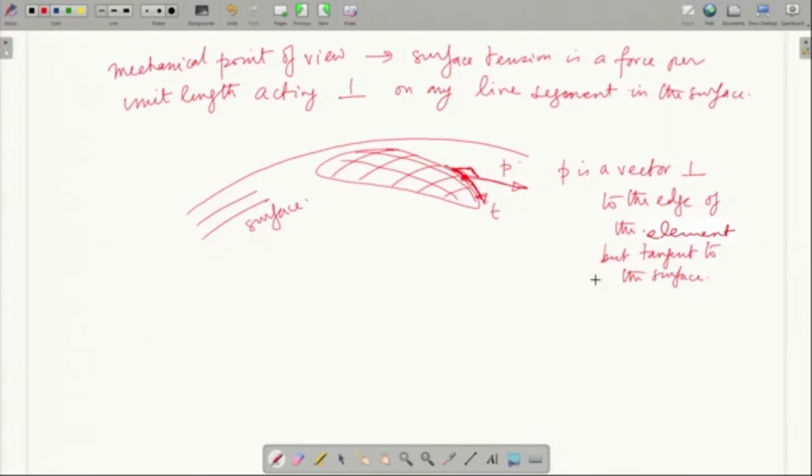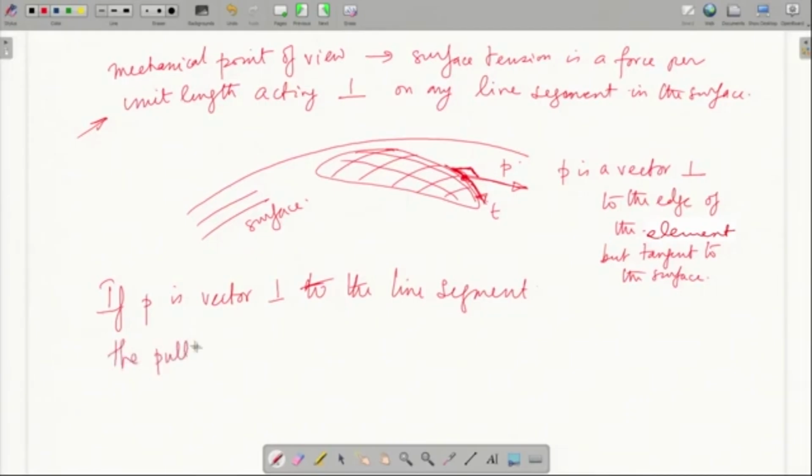And so, in the context of surface tension, we can say that if P is the vector perpendicular to the line segment, like it is perpendicular to the edge of the element here, the pull felt by the line segment is simply sigma p.